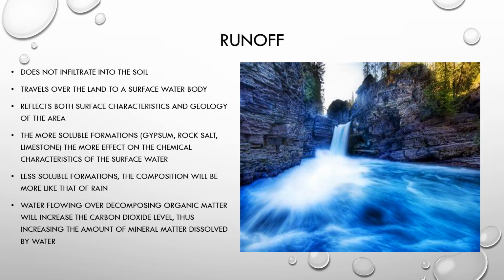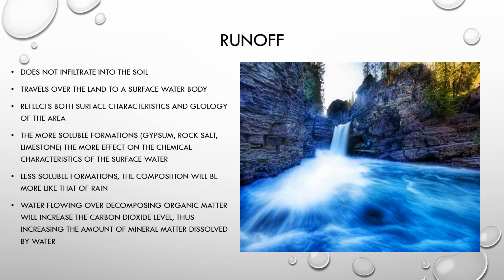So, when it does rain, you have what's known as runoff, and this is water that does not infiltrate into the soil. It travels over the land and to a surface water body. The characteristics of that water are going to reflect the surface characteristics that it's traveled over, which is typically the geology of the area.